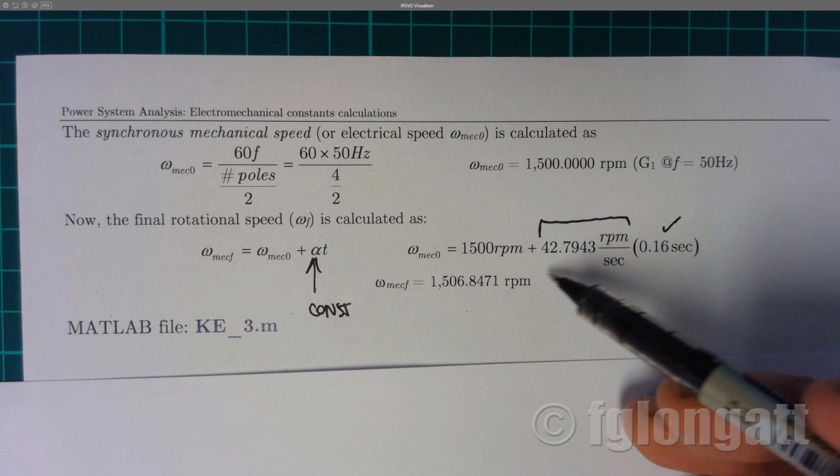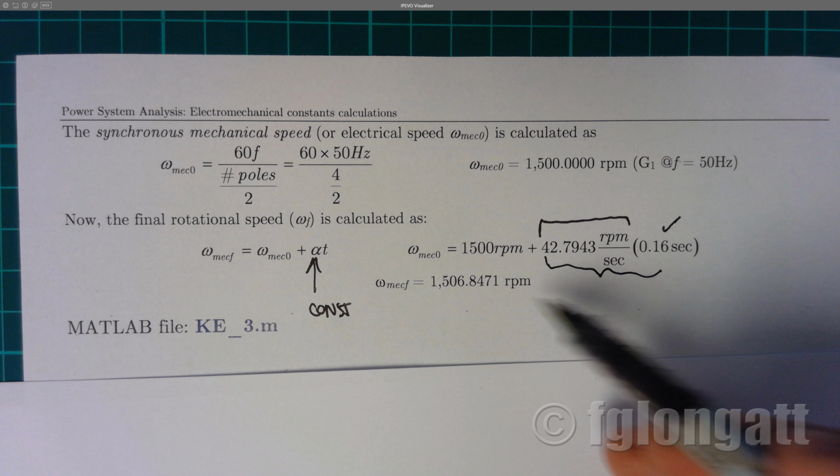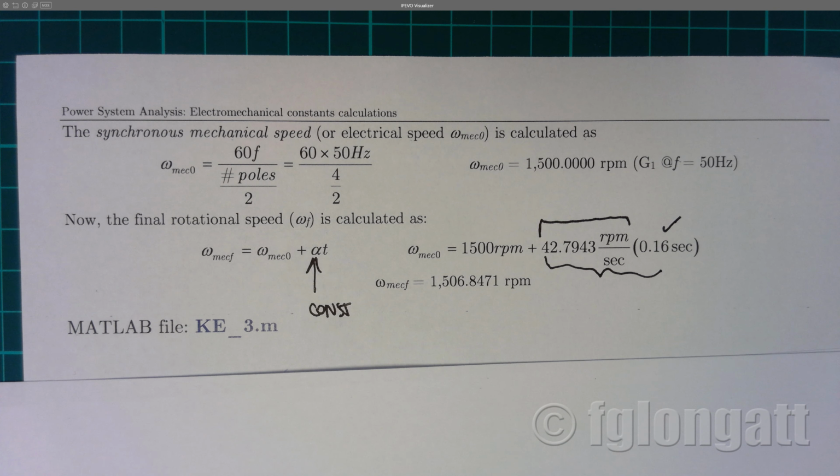If we keep this constant, we obtain the new rotational speed, and in this case, the rotational speed is approximately 1506 RPM.